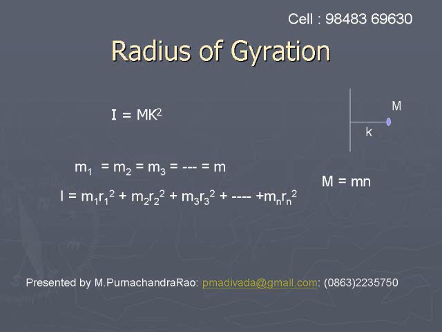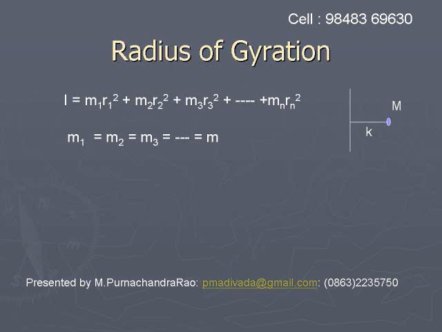From the relation I is equal to m1 r1 square plus m2 r2 square plus m3 r3 square plus and so on plus mn rn square, using equal masses, we get I is equal to m into r1 square plus r2 square plus r3 square plus and so on plus rn square. The total mass of the body becomes capital M is equal to small m into n.